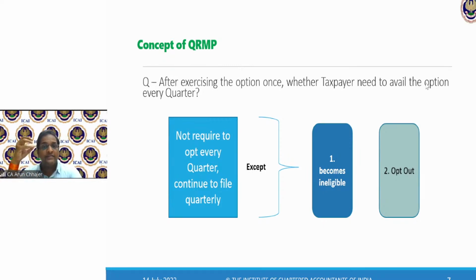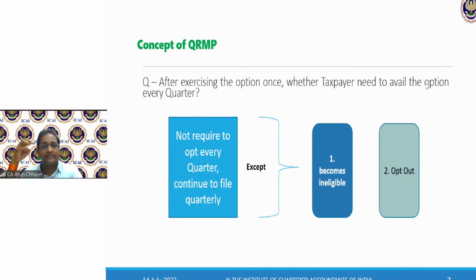Prima facie, it appears that it should be the same, but that is not correct. In this QRMP or monthly, it is not fixed that it should be the same for the same PAN number. It can be different for different GST numbers under the same PAN.